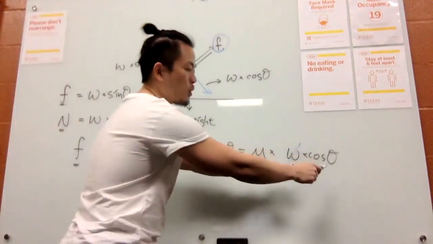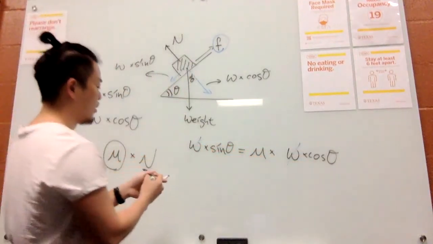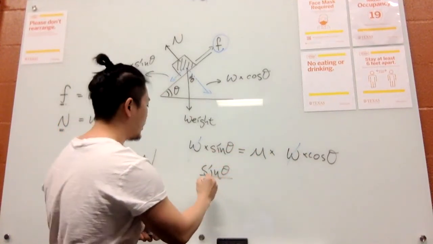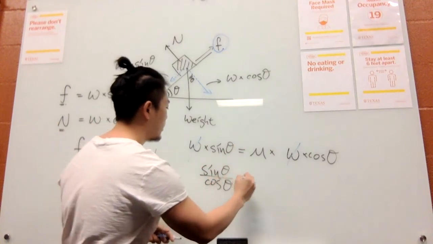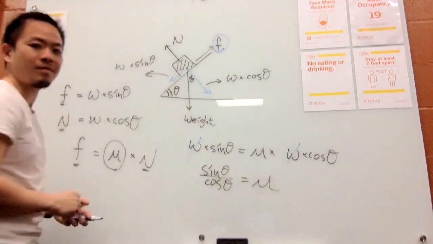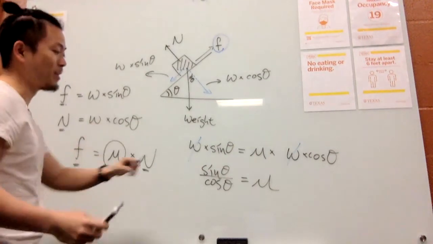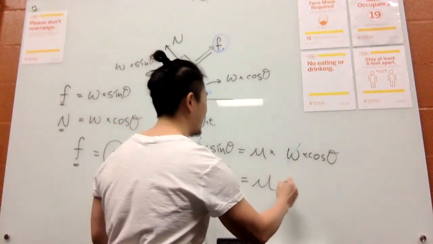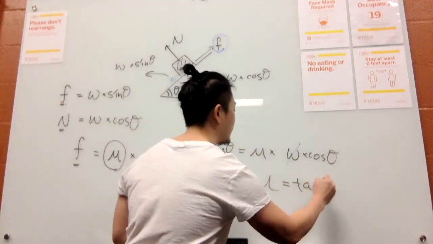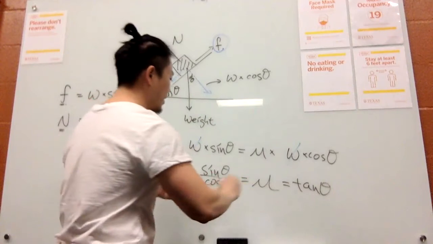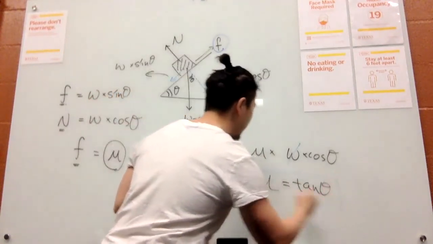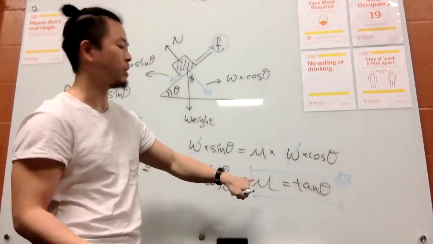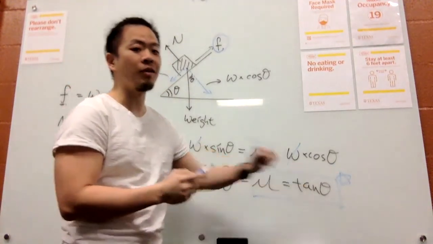And we're going to move cosine theta this way. So we have sine theta divided by cosine theta equals mu. And if you remember, sine divided by cosine equals tangent. So that's it. That's the equation we want. Mu, the coefficient of friction, equals tangent theta.